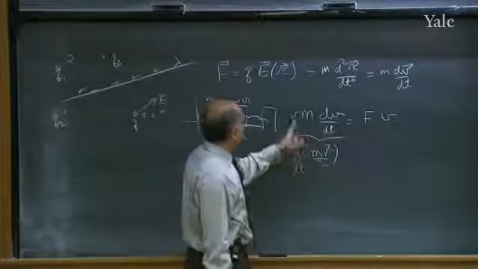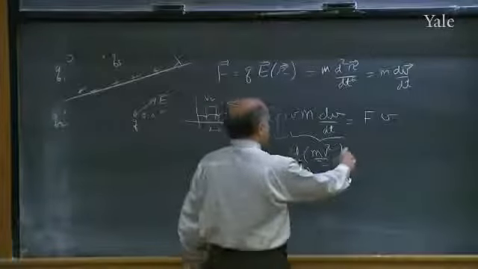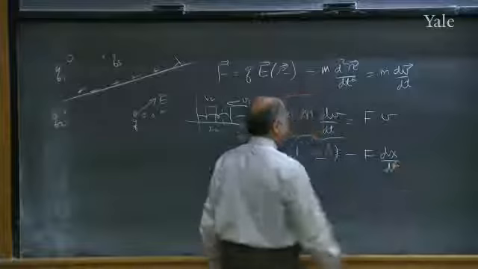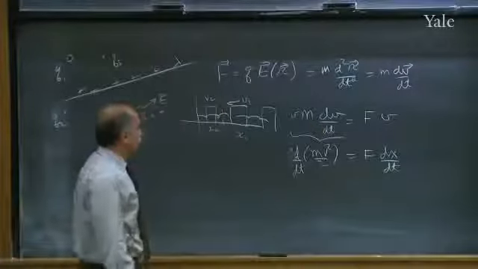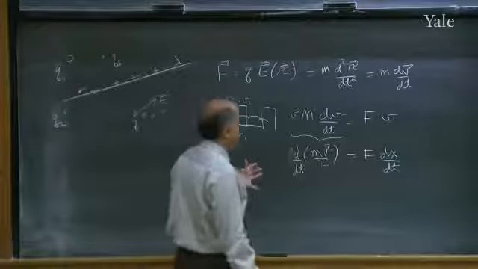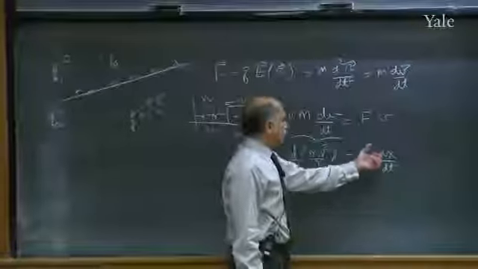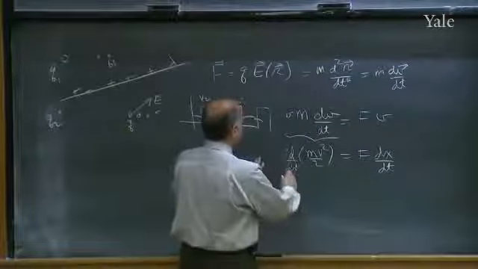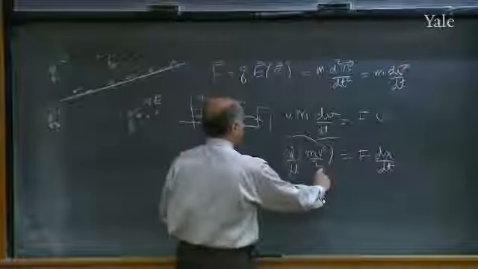The v derivative will give you mv, and then there is that. This becomes F dx/dt. This means in every tiny instant of time, the force times the change in the position is equal to the change in this quantity, which we know is called kinetic energy.